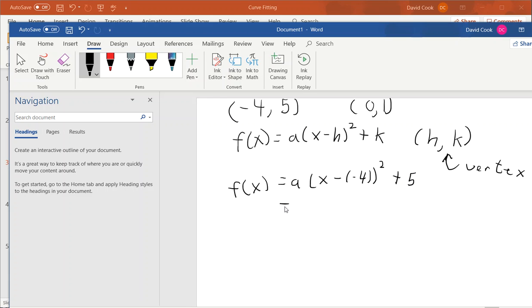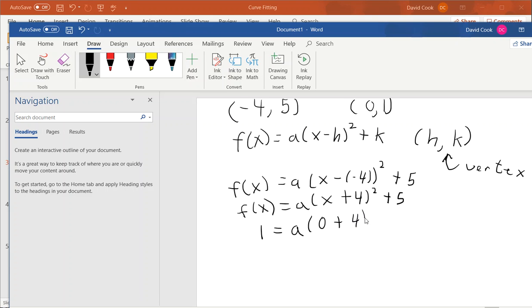And this becomes a times x plus 4 quantity squared plus 5. Okay? So I'm almost there. I have one more piece of information to find, and that is I need to find out what a is. But I have a point here, 0, 1, to do that. So I know that f of x equals 1 when x equals 0.